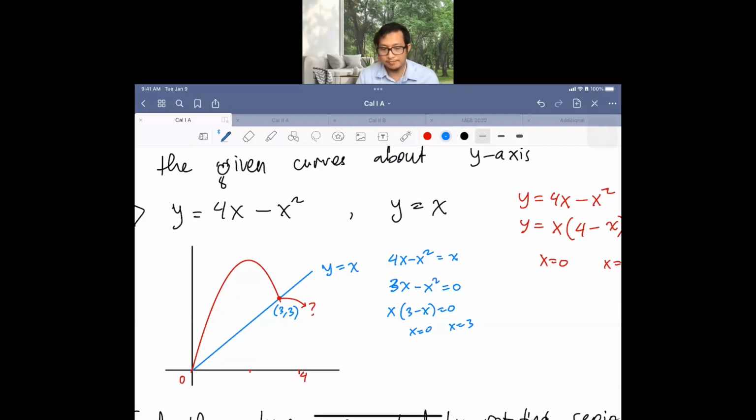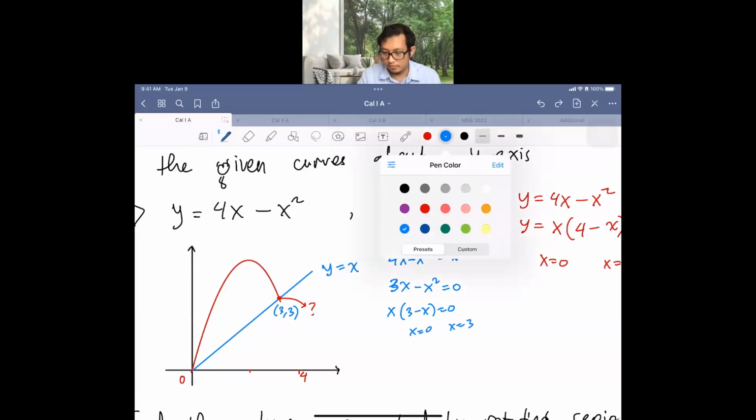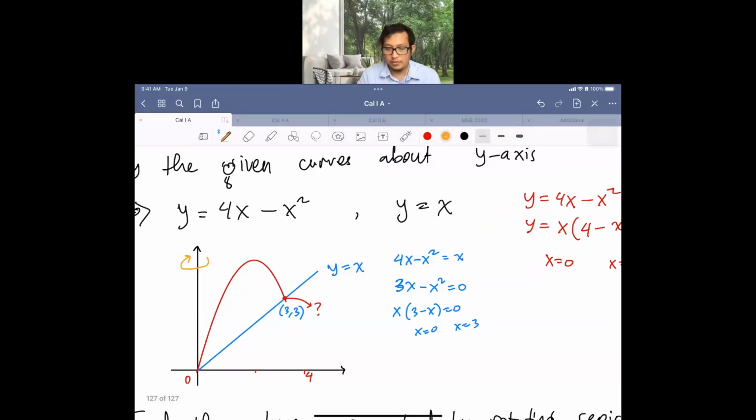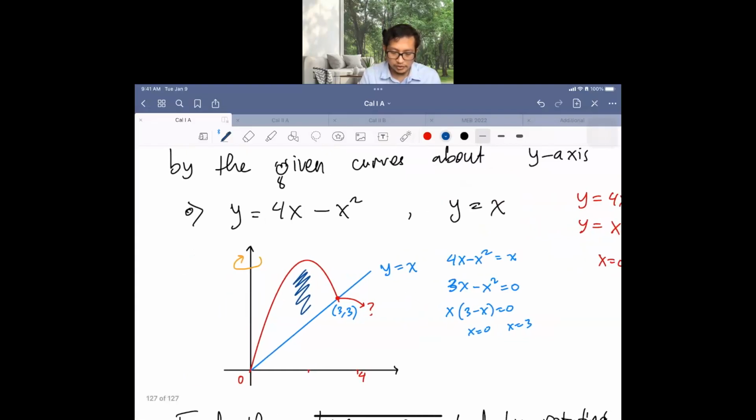Now the next thing, we need to rotate the area about the y-axis. Let me write with a different color to show the difference. We rotate here, which means all the area here is going to be rotated through this.